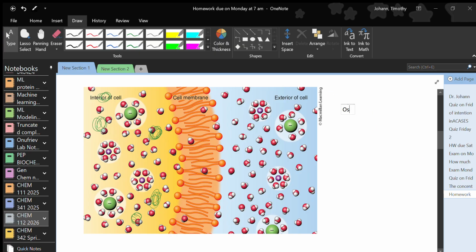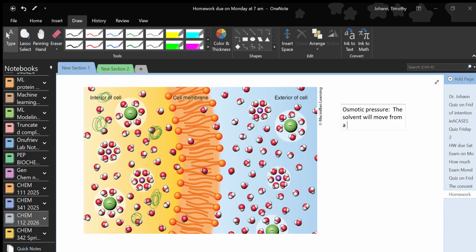So let's say osmotic pressure. The solvent will move from a region with fewer solute particles to a region with more solute particles.